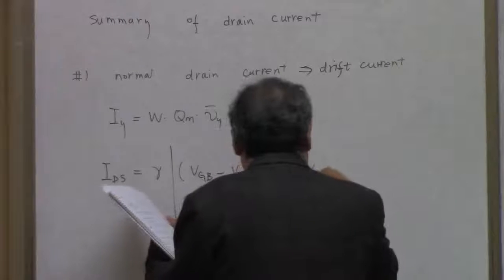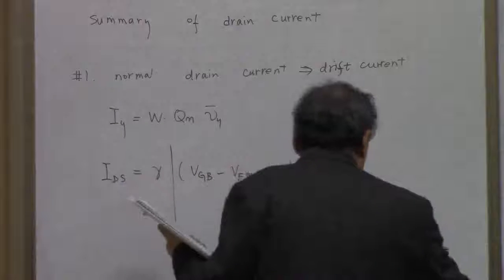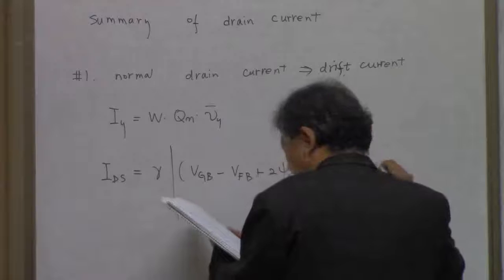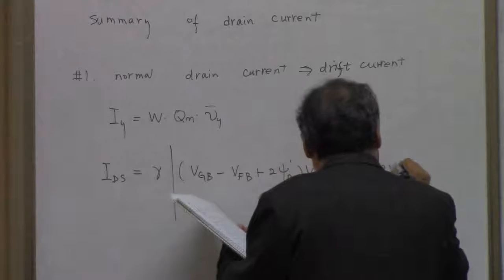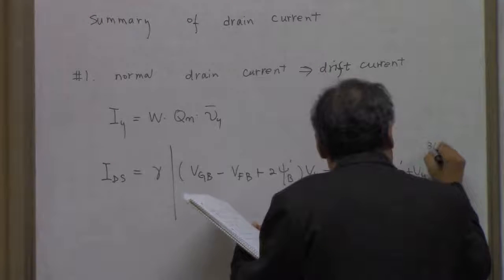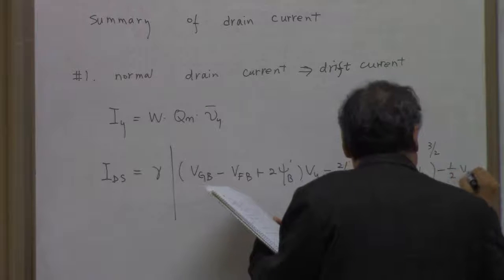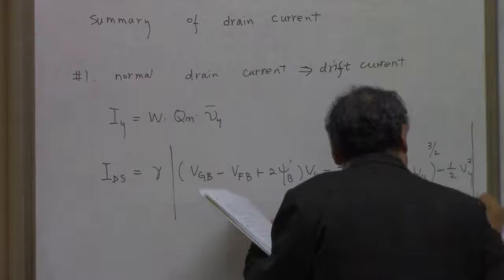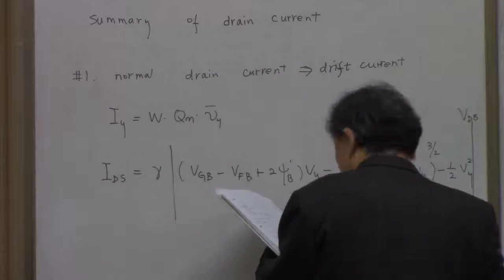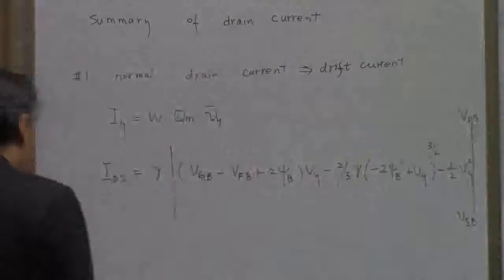This is what we have done, and a 2/3 power term of gamma times minus 2 phi b prime plus Vy to the 3/2, minus 1/2 Vy squared, and that has been integrated between the upper and lower limits.